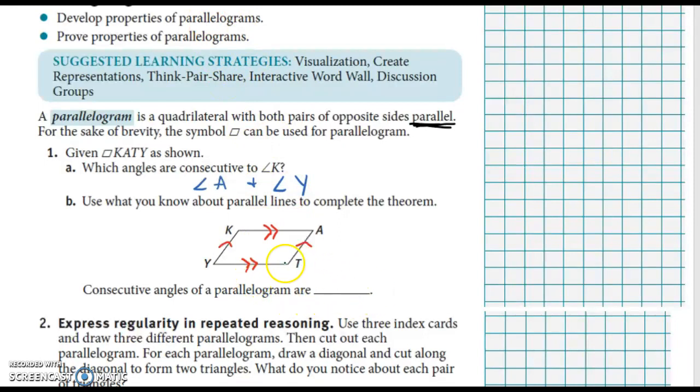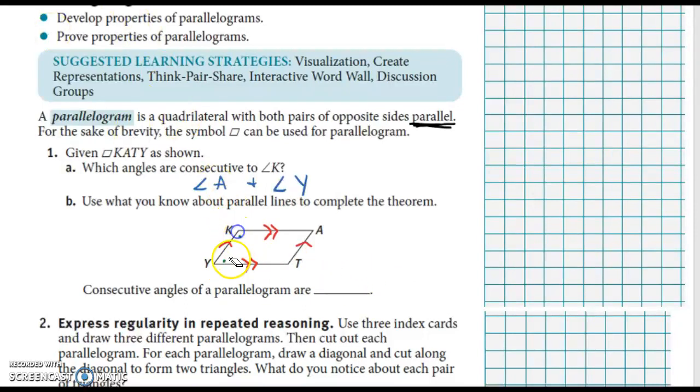Alright, so hopefully we discussed it. Because these lines are parallel, this is basically creating a bunch of transversals, parallel lines cut by transversals. So if we think of KY as a transversal cutting through these two parallel lines, we can see that these consecutive angles are also same side interior angles, and same side interior angles are supplementary.